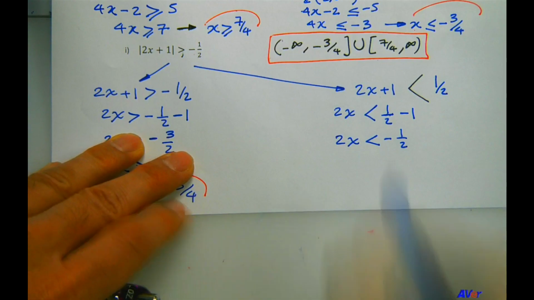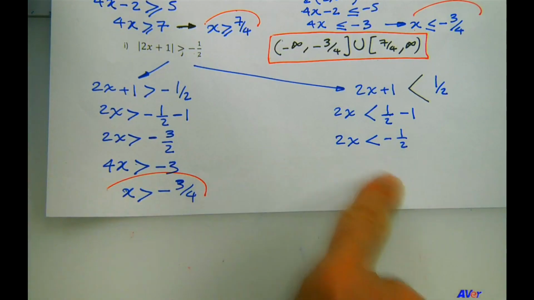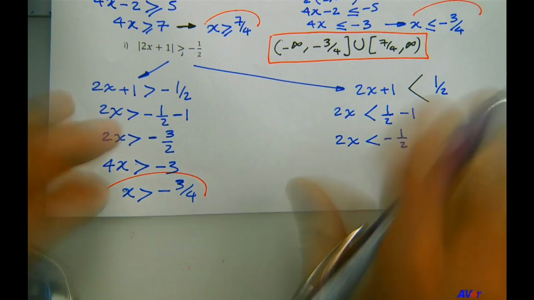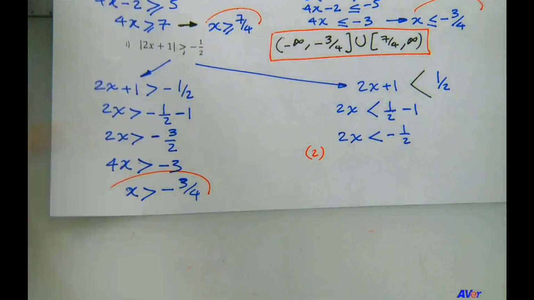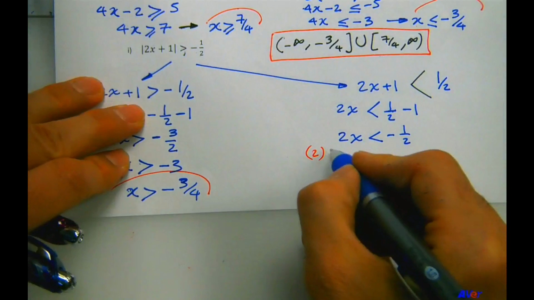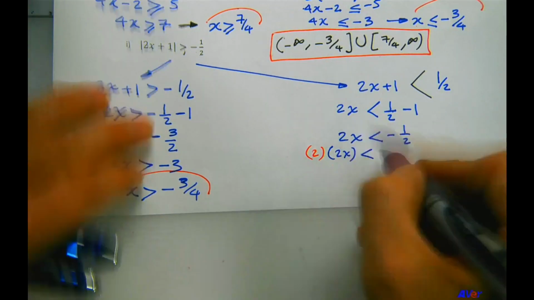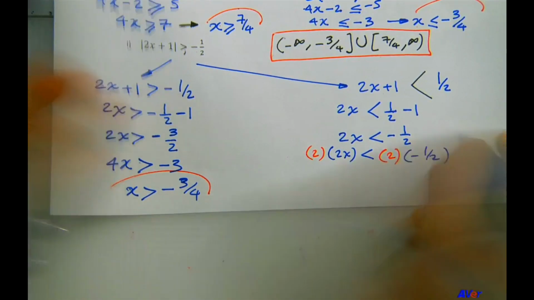Okay? Which is that. So now, once again, multiply both sides by 2. Right? I didn't show it here. Let me show it on this side. The space here is very limited. So 2 times 2x less than 2 times minus 1/2.